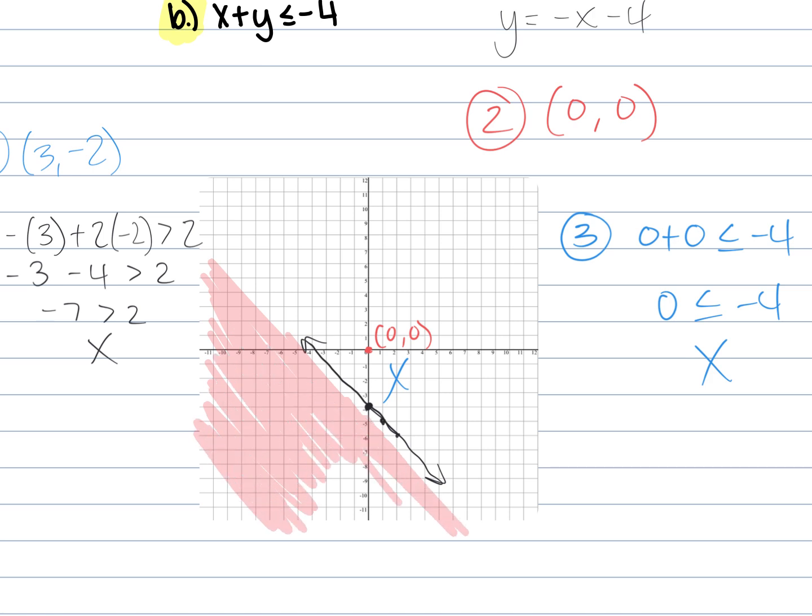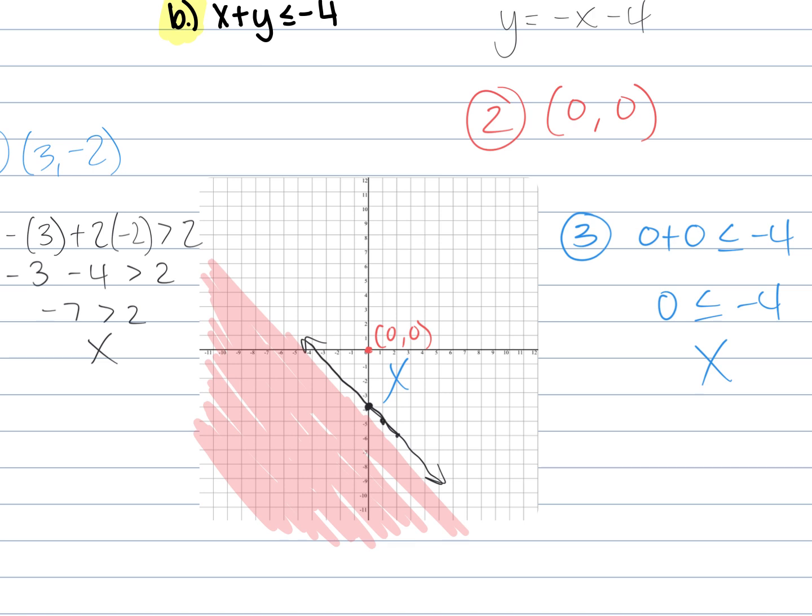So let me show you guys a trick. Do you see how I put an X next to 0, 0? Do you guys see how I put an X because it didn't work? If you ever have an X, that X should never be shaded because it's not a solution. If you have a check mark there, should that be shaded? Yes. Always shade the side that is the solution, not the side that is not a solution.